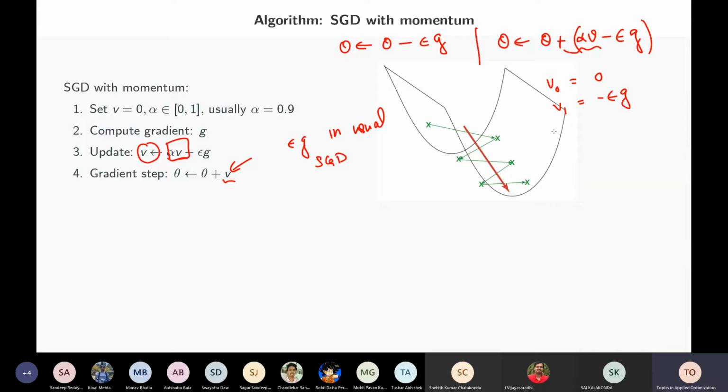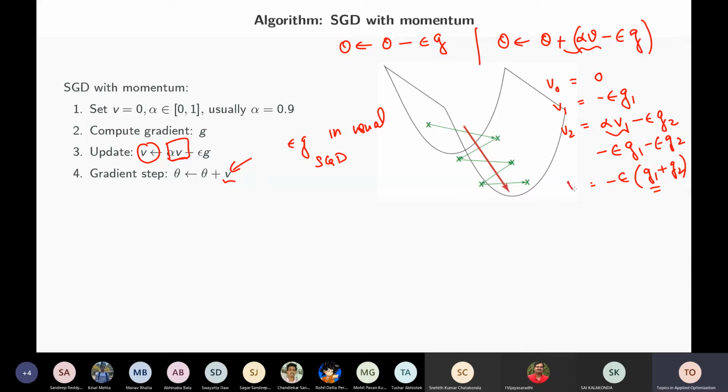And then v2 will be alpha v1 minus epsilon times the current g. Let us call this g1 and this g2. Substituting alpha v1, we get minus epsilon g1 minus epsilon g2.